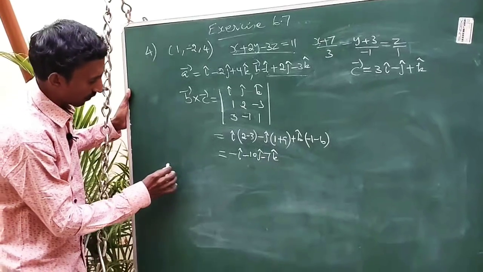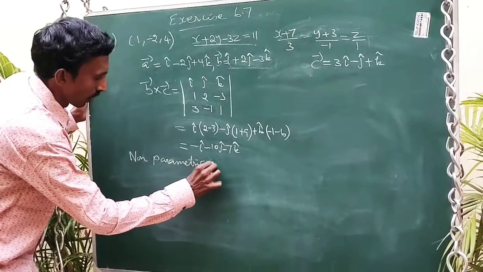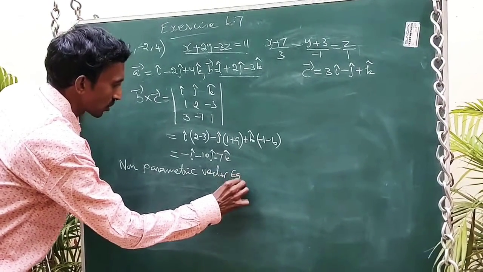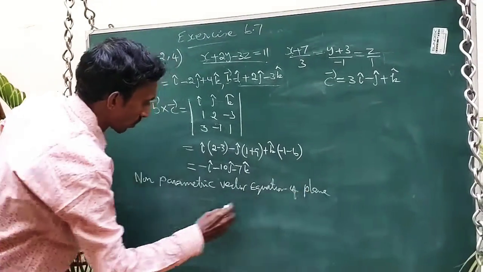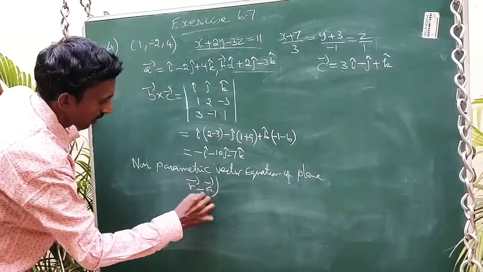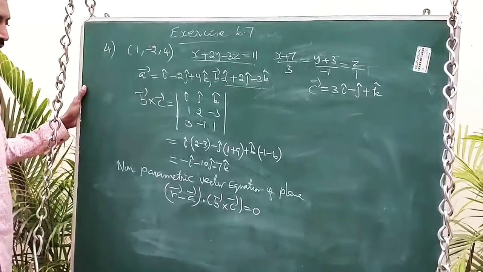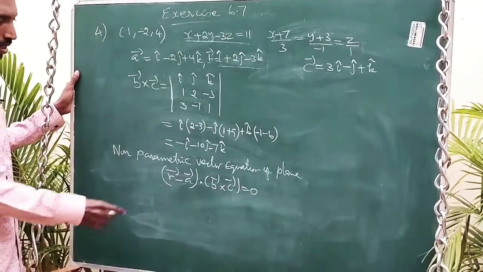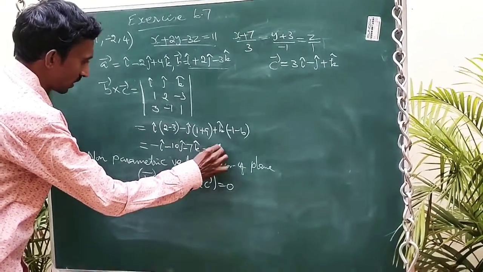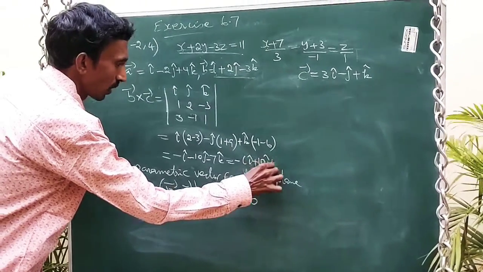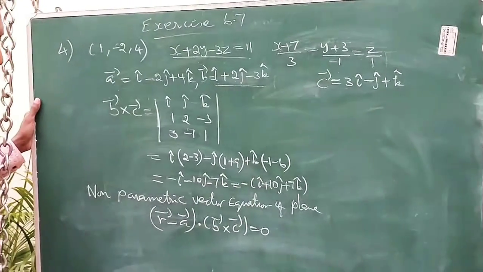So, remember the formula, non-parametric vector equation of plane: r minus a dot b cross c. Remember the formula, r minus a dot b cross c equal to 0. Already we found that minus. If you want, you can take the minus. So minus i plus 10j plus 7k. So if you are putting here, right hand side is 0, leave that minus 1.